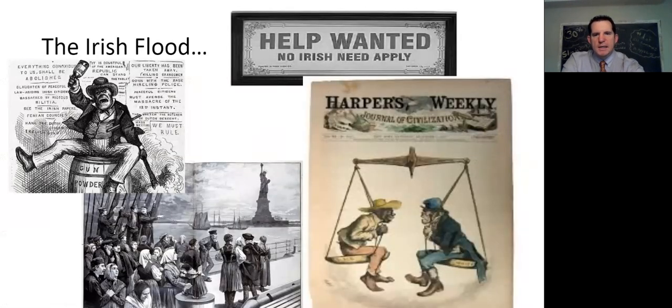All right, so, if you take a look at these pictures, the Irish started coming pretty early on into the United States, and they really started to come by the 1840s.